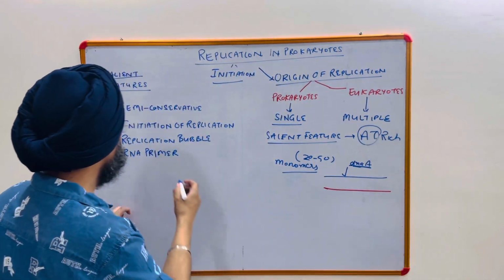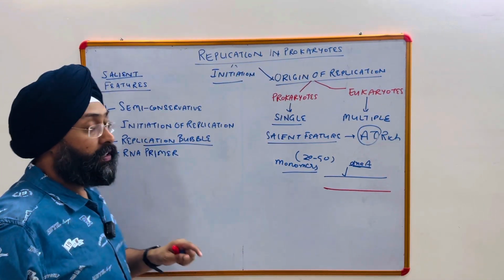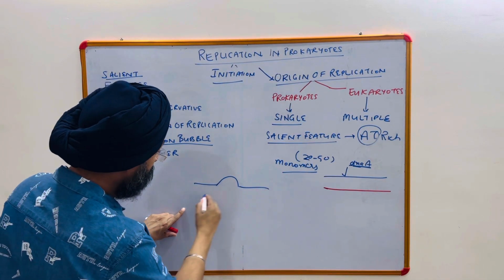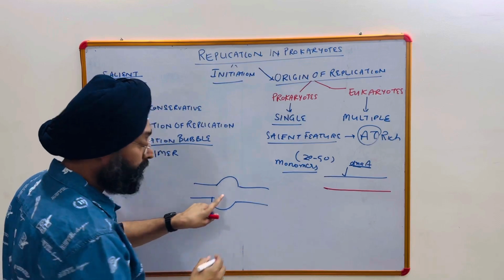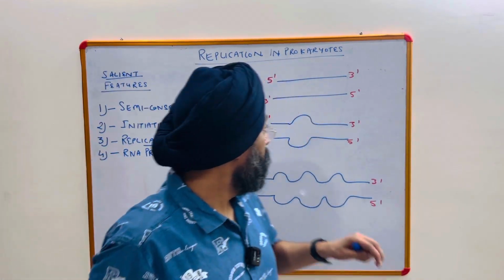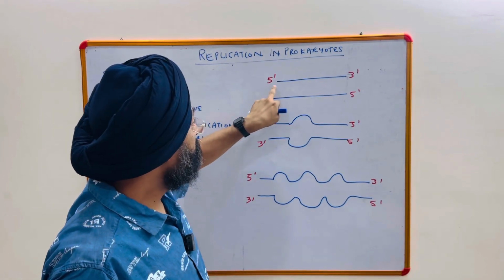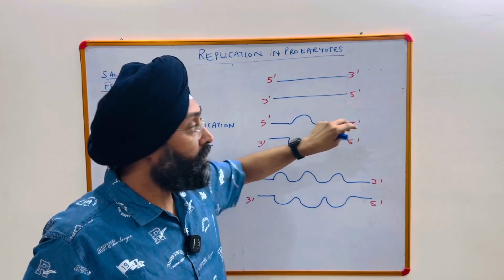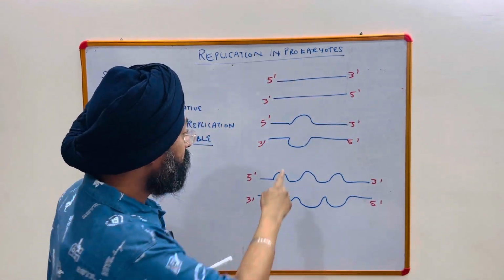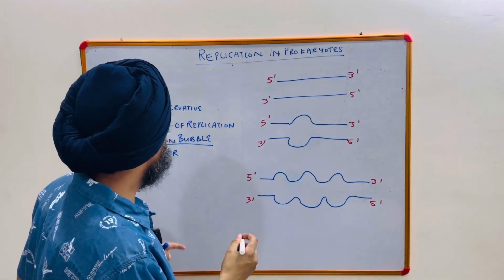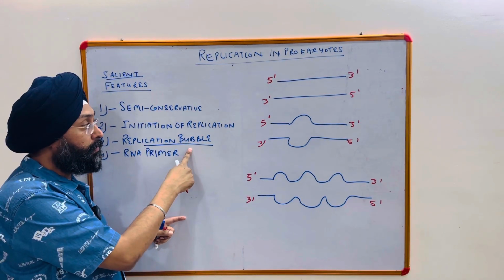Now coming on to the replication bubble, suppose we unwind the DNA and there is formation of replication bubbles at the replication site, right? Now these are two complementary DNA strands, one is in 5' to 3' direction, the other is in 3' to 5' direction. When these two complementary strands separate at the origin of replication, that results in formation of a replication bubble, right?